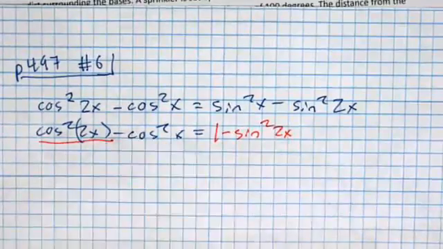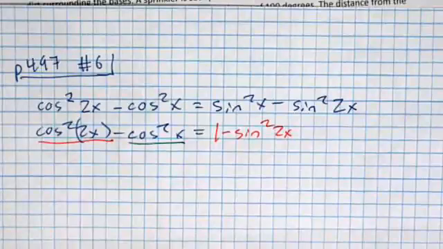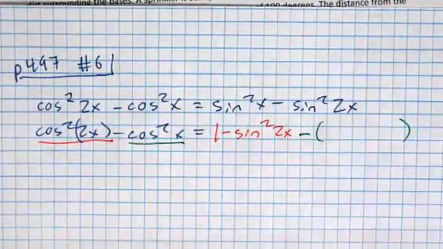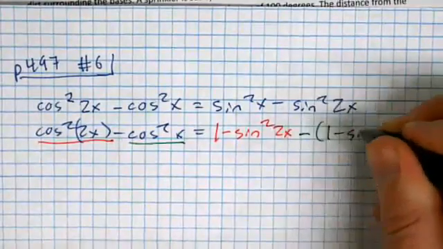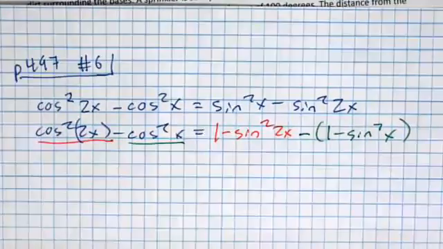And replace your cosine squared x with 1 minus sine squared. And then suddenly it becomes a 2-step identity. I think you distribute the negative and rearrange the terms and you're finished.